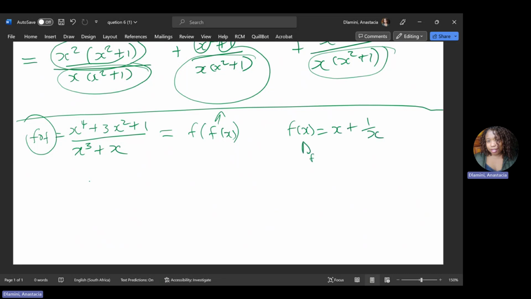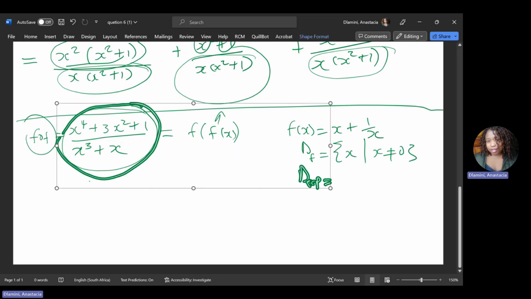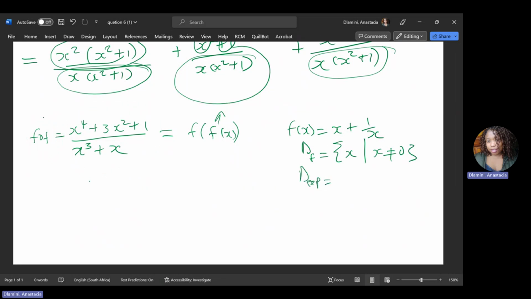Meaning that the domain of f of x will be equal to x such that x should not be equal to 0. Right? Now, let's find the domain of the expression of the composite function. So this is the expression of the composite function, right? And we see it's also a fraction, meaning that everything under the denominator of the composite function should not be equal to 0. So we find the domain of this expression over here that we have calculated.